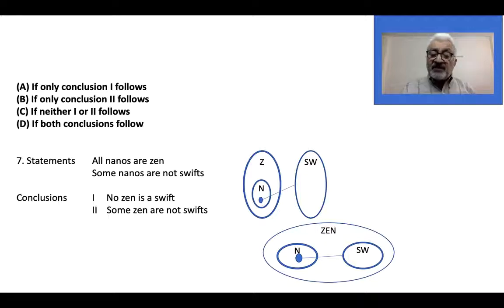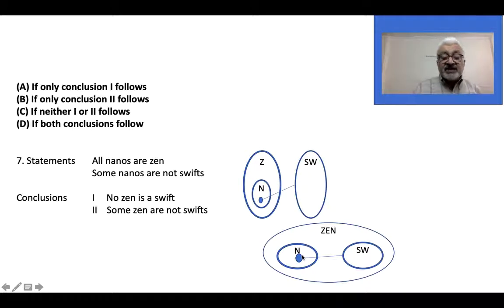So this part of nano, which is away from Swift, is also a part of Zen. One part of nano is away from Swift, and that part also has Zen. Hence, this part can never meet Swift. So this part of Zen will also not meet Swift.